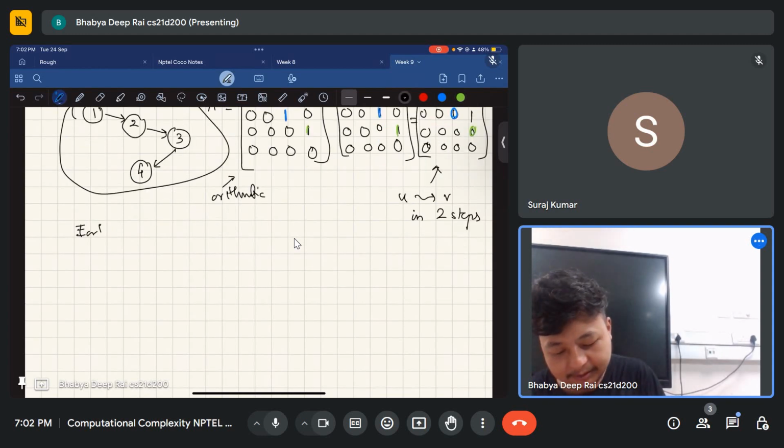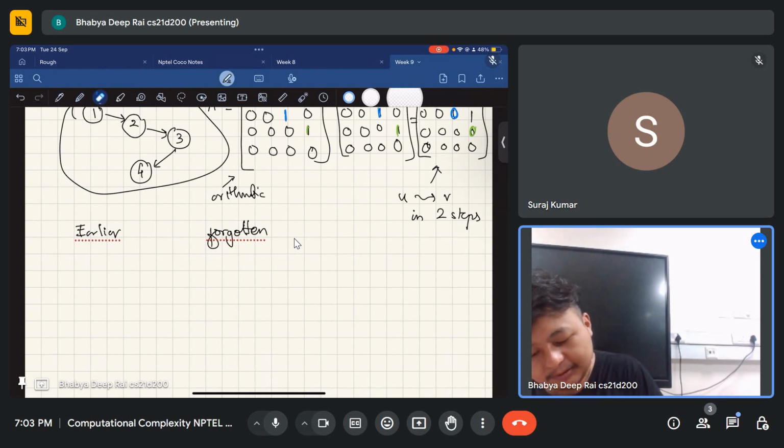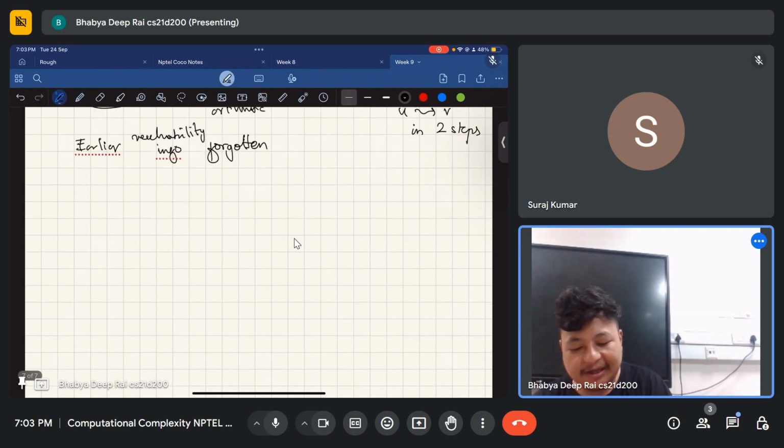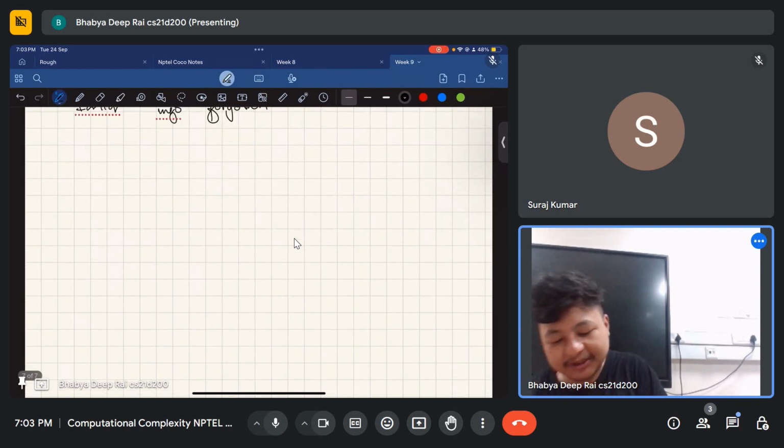Earlier reachability information is forgotten. And what is the solution to that?